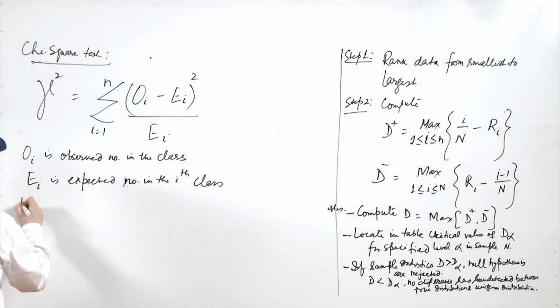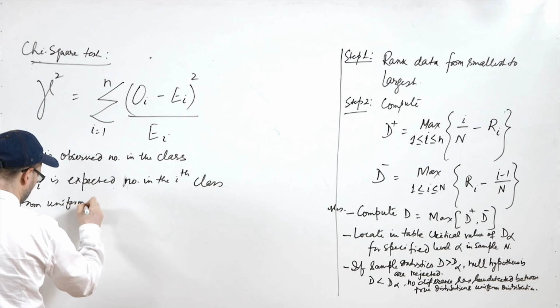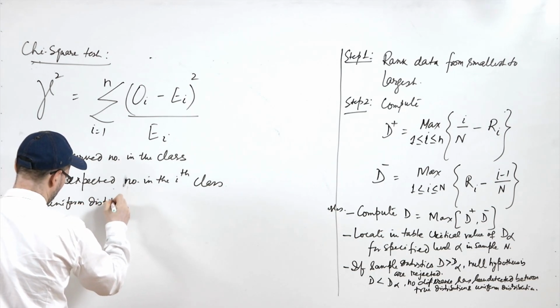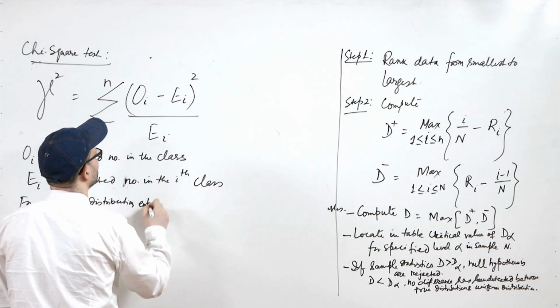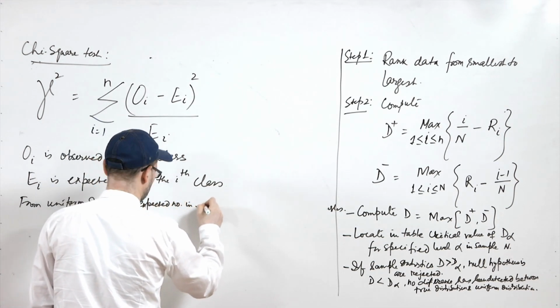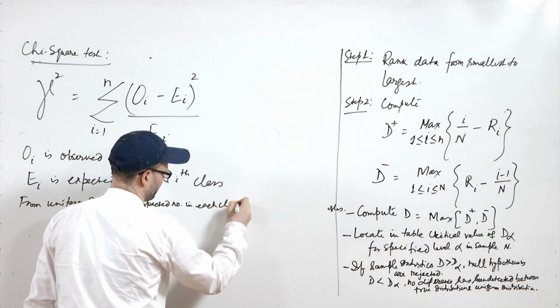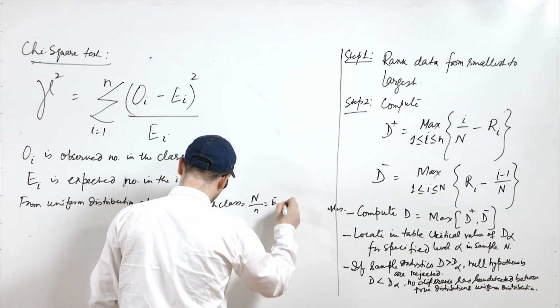So from the uniform distribution, the expected number in each class should be capital N upon small n, that is EI.